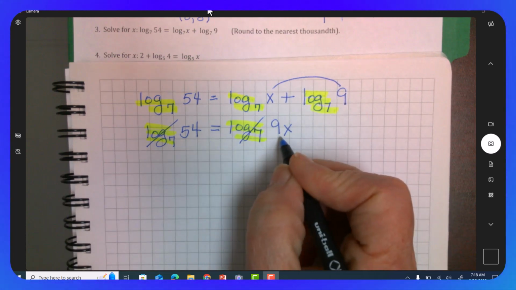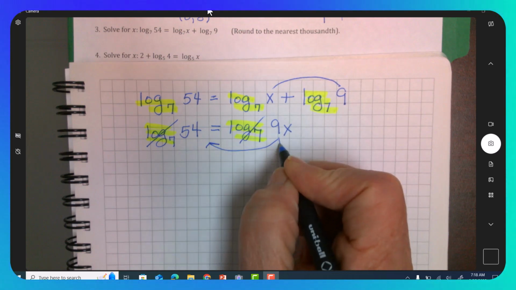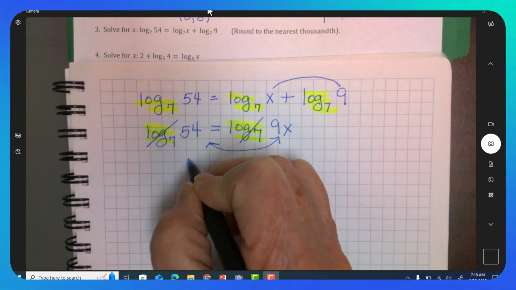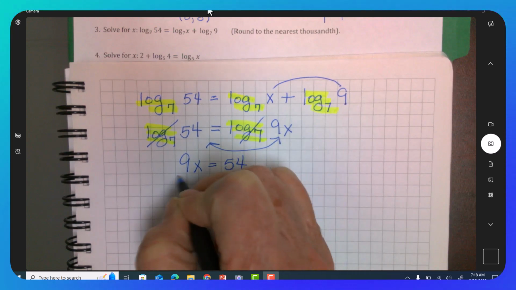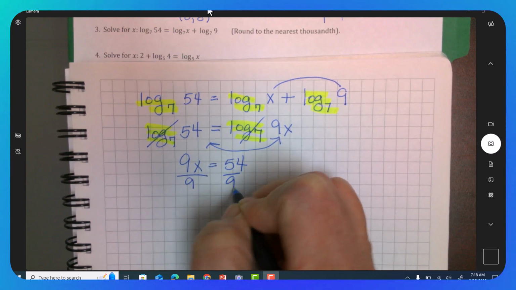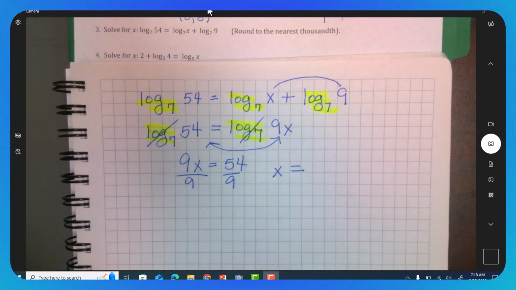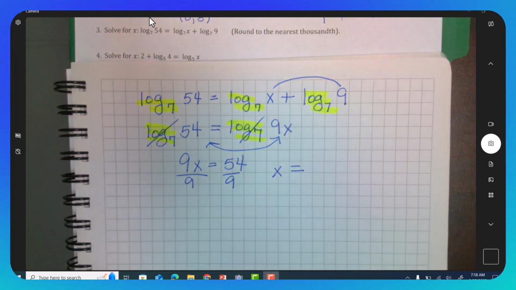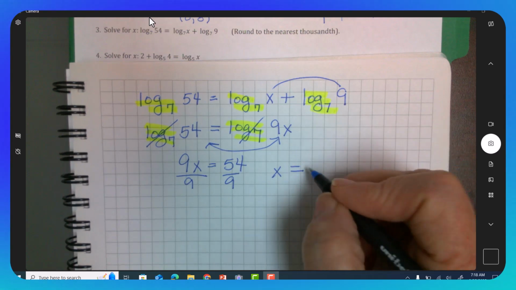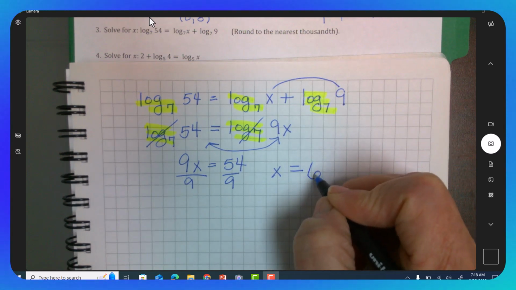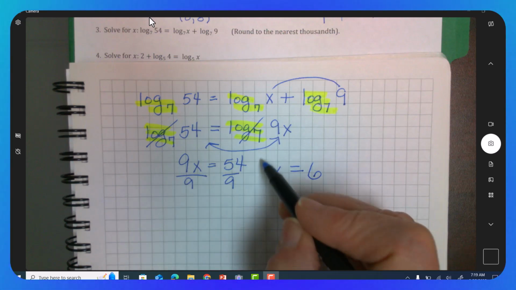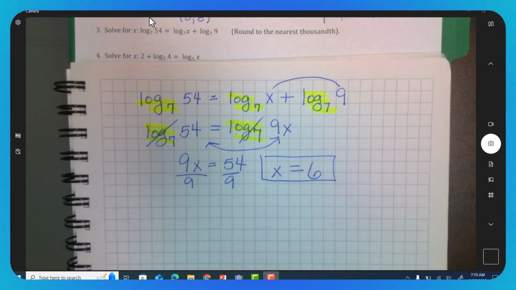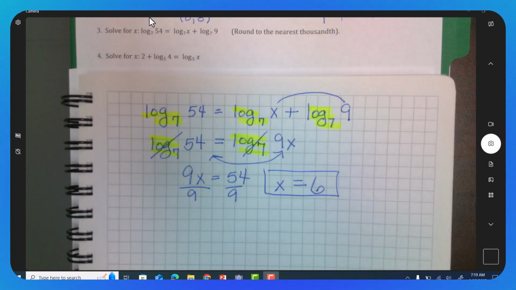So we have, I'm going to switch sides here, 9x is equal to 54. Divide both sides by 9. X is equal to 6. All right, and you can check your answer, box it in, show your work, keep your notes.